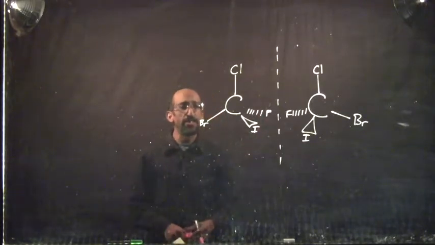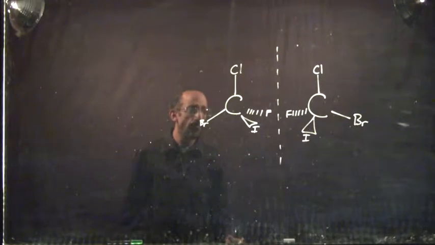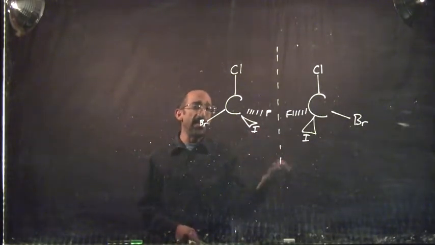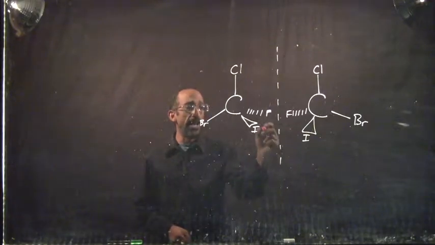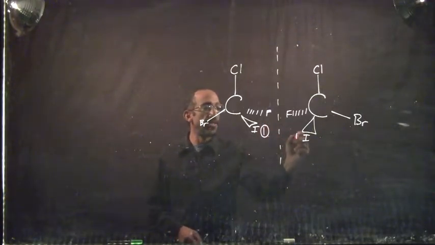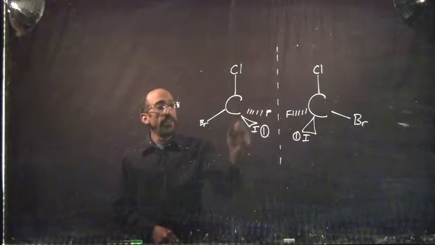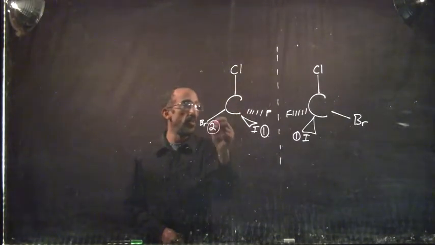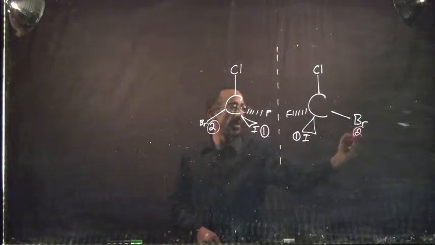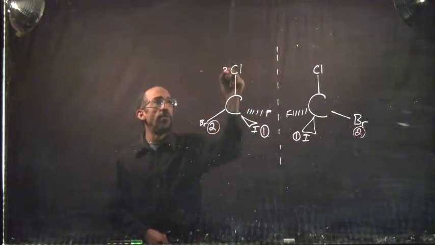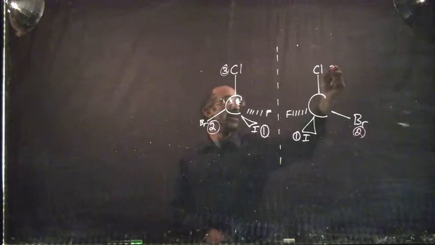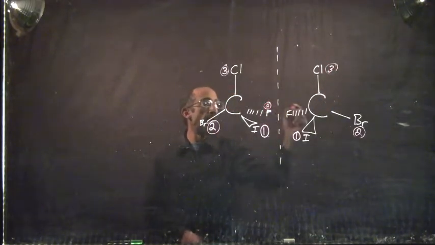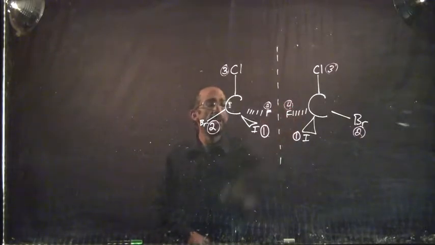And so if I look at this carbon atom, what I'm going to see is that the substituent with the highest atomic number, iodine, is going to take priority 1 in both instances. Moving down in terms of priority, bromine is the next largest. It would take priority 2. Chlorine would follow at priority 3. And then finally, fluorine has the lowest priority since it has the lowest atomic number.